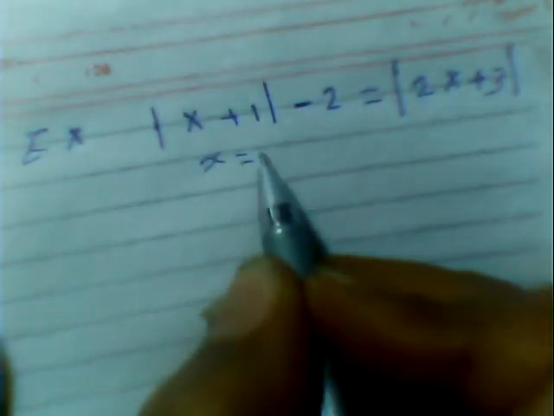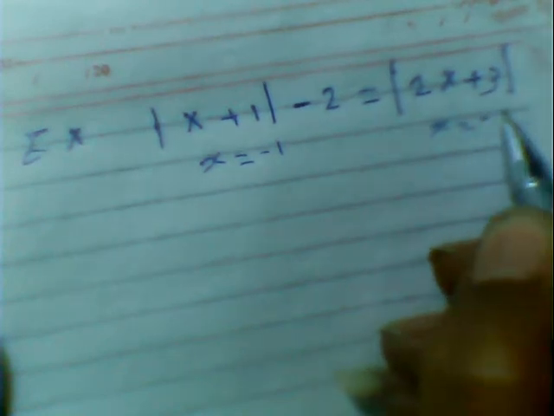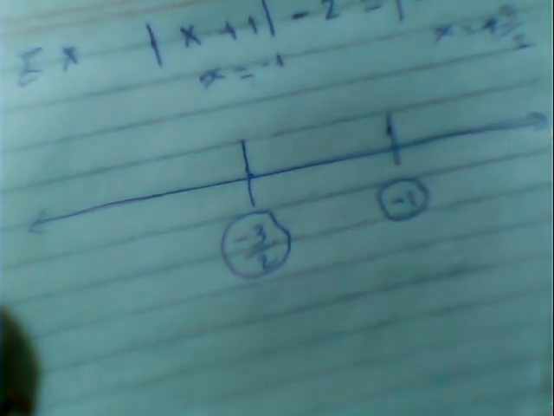Here x equal minus 1, and here x equal minus 3 over 2. Then we draw this line and put minus 1, and minus 3 over 2, and this minus 1 is the zero of the modulus.